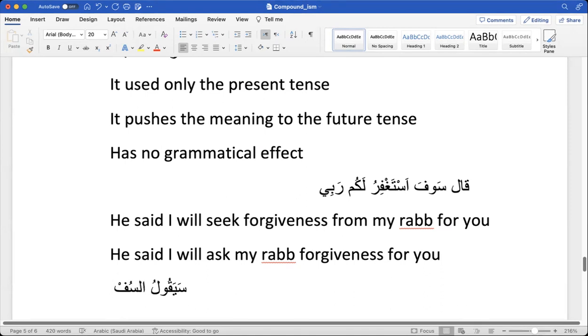Yakulu means he says, but when the seen comes here, it pushes it into the future tense, so Sayakulu means he will say. Here Yakulu is fi'l mudari', so it has a fa'il. So the fools will say.